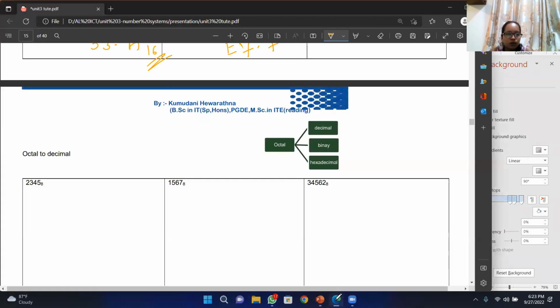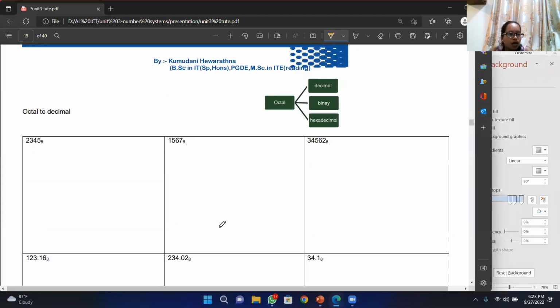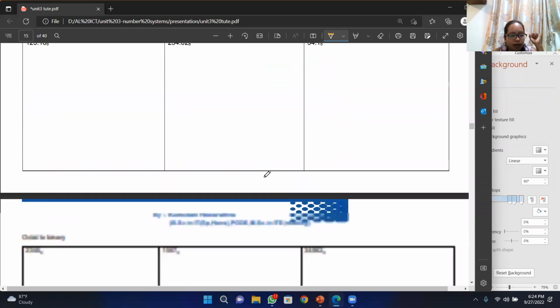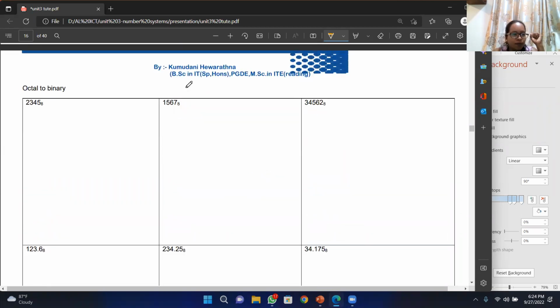Let's move on. Page number 15, octal to decimal. Let's do this one. 2 3 4 5, it's in octal. Try to convert it into, is this octal to decimal? We started with octal to binary, right? Yes, we'll leave that there and do it after.